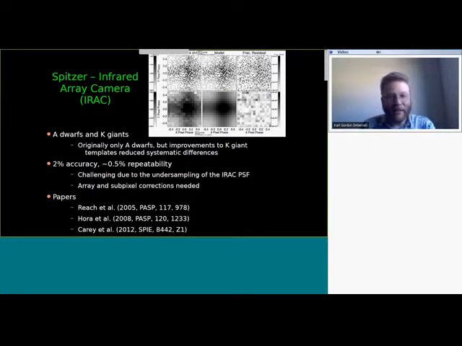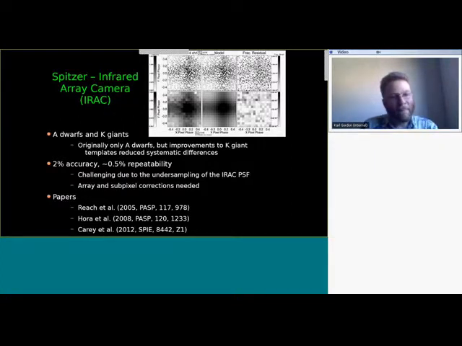Moving over to Spitzer, that's the other half of the wavelength range that JWST is going to cover. How was Spitzer calibrated? There are 3 instruments, IRAC, IRS and MIPS, all calibrated with slightly different programs.